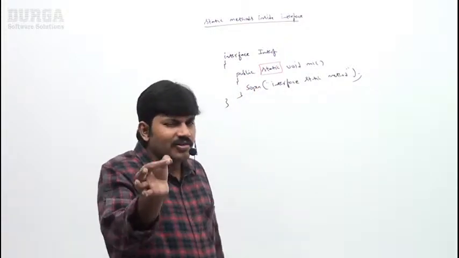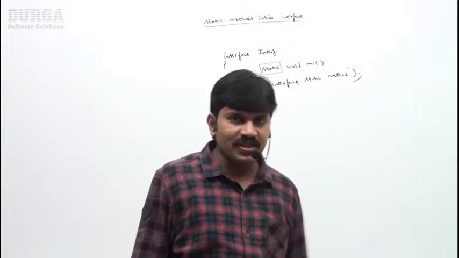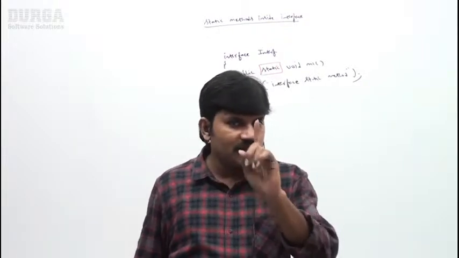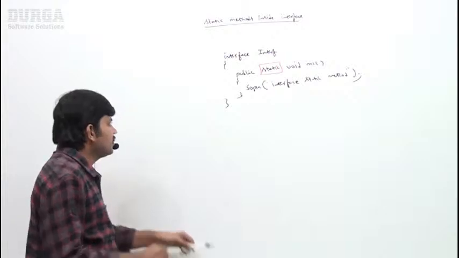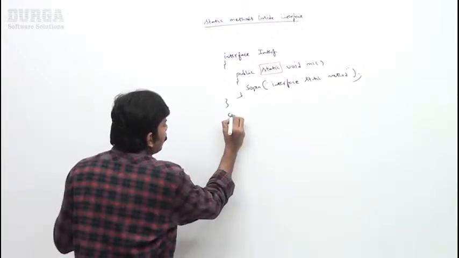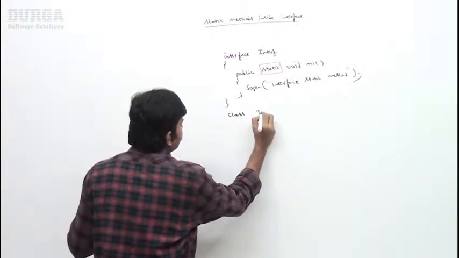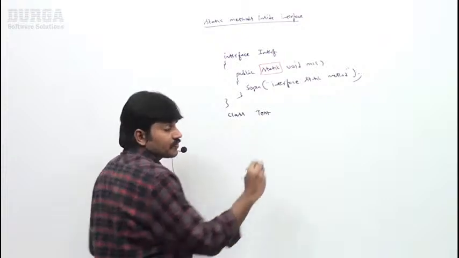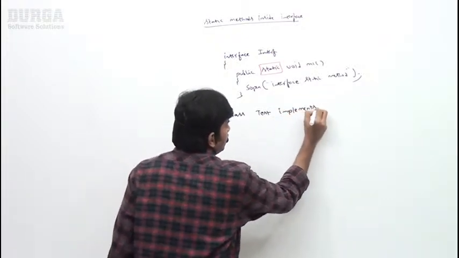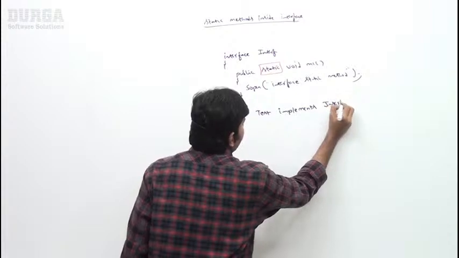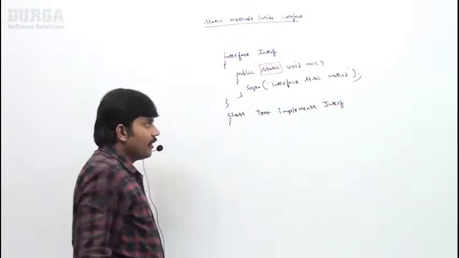Next, there is one small twist. What is that twist? Take very special care about this one. Observe carefully. I am taking an implementation class: class Test implements Interf.